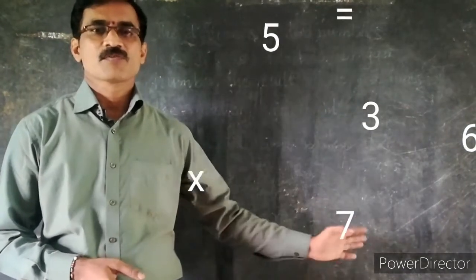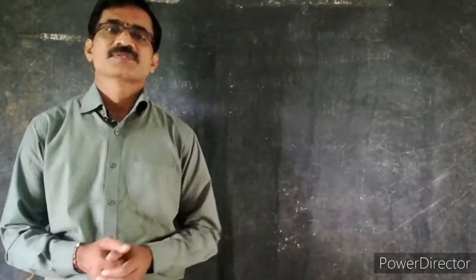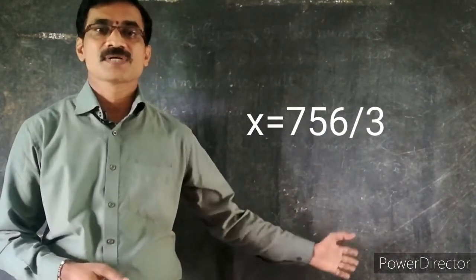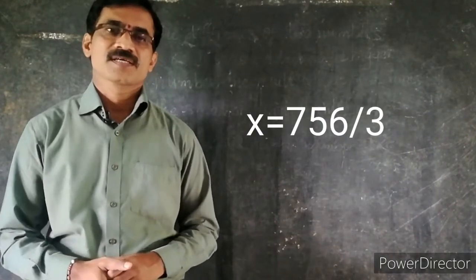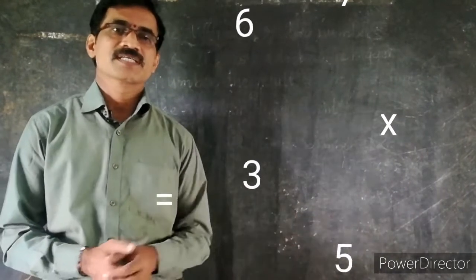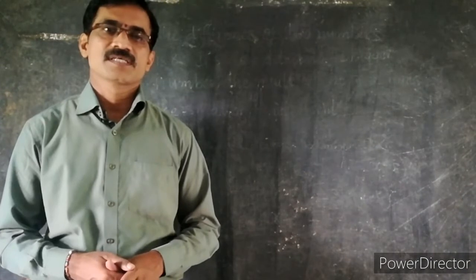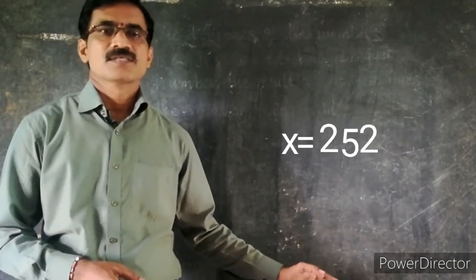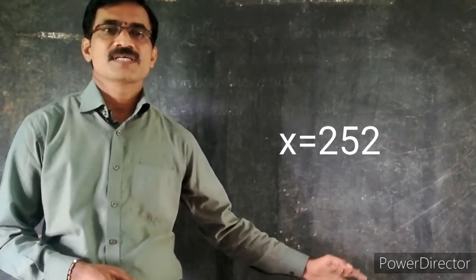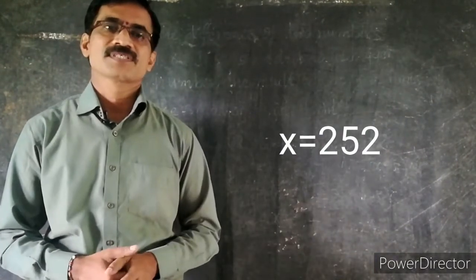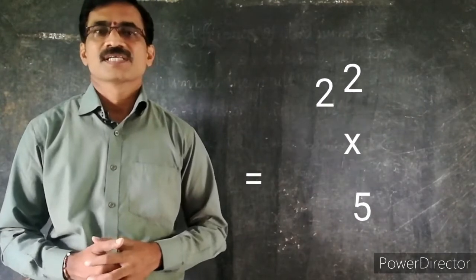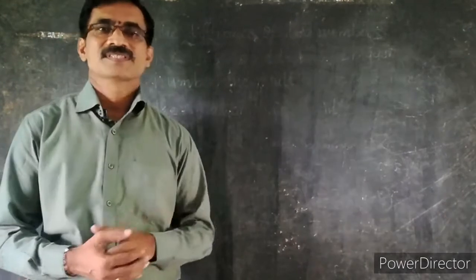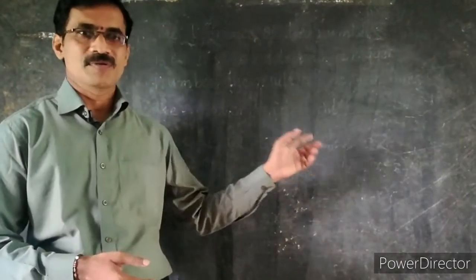So x is equal to how much? 3 is transposed to the right hand side, so it becomes a division: 756 divided by 3. If you divide, you will get 252. The value of x is 252. So that is the first multiple in our problem.